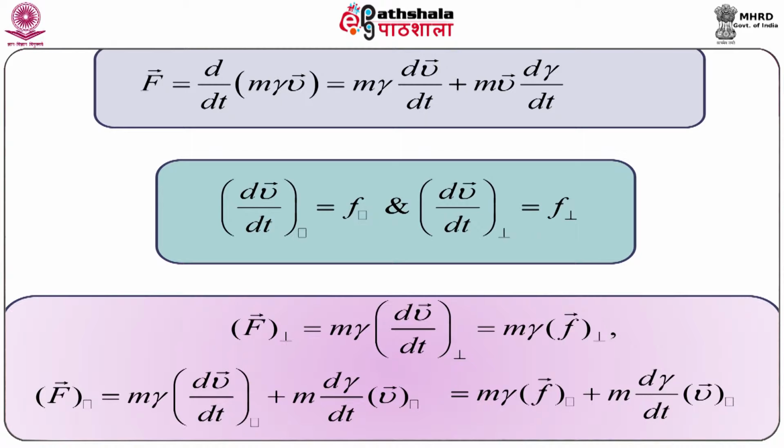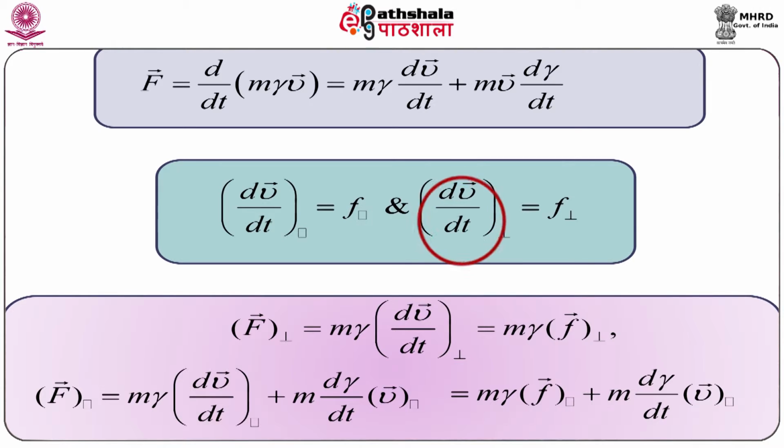This gives the component of acceleration along the perpendicular direction of the x axis. Then from here we get the perpendicular component of force F vector perpendicular, which is equal to m into gamma into the perpendicular component of d/dt of v vector.